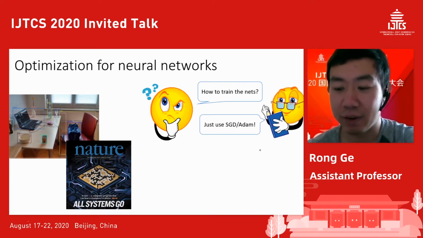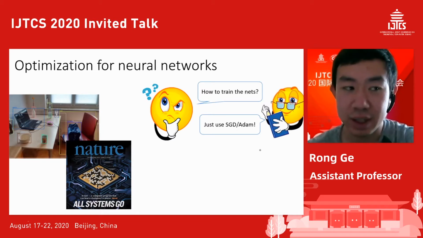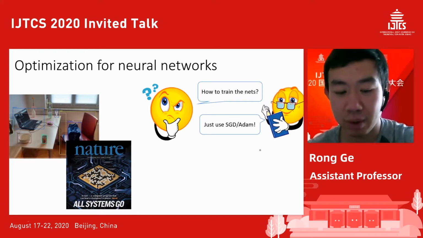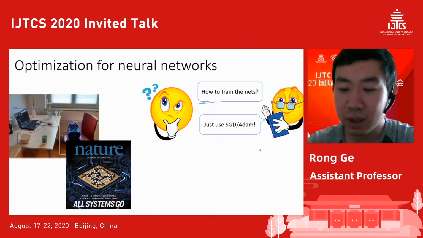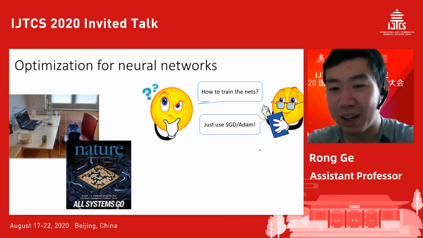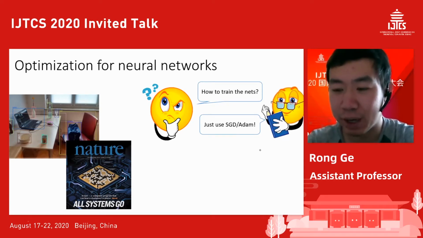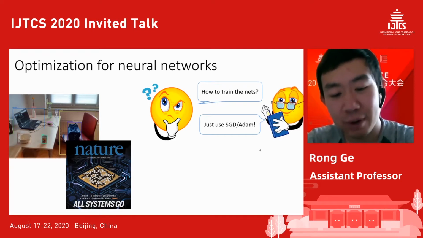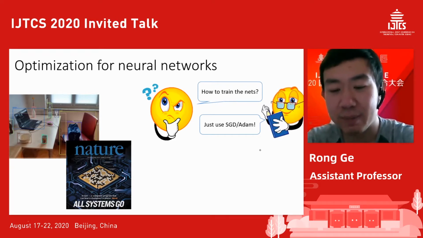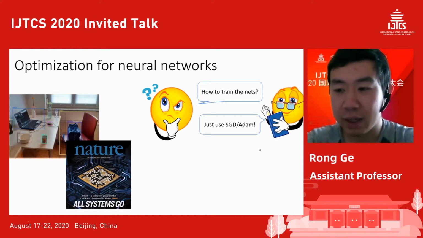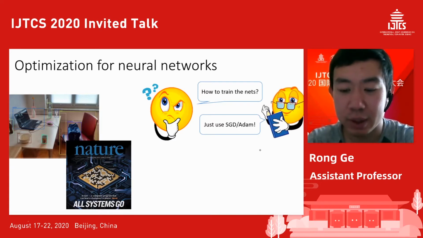You can just use a very standard optimization algorithm, such as stochastic gradient descent, or using Adam. There are really only a few algorithms that people recommend you to use for training neural networks. So it seems really simple, right? All of these algorithms are also implemented in deep learning frameworks like TensorFlow or PyTorch.